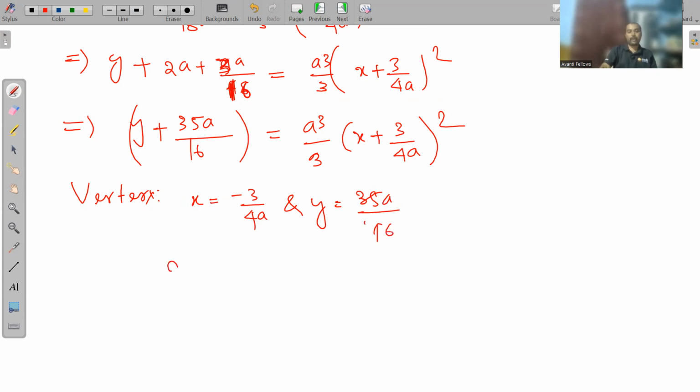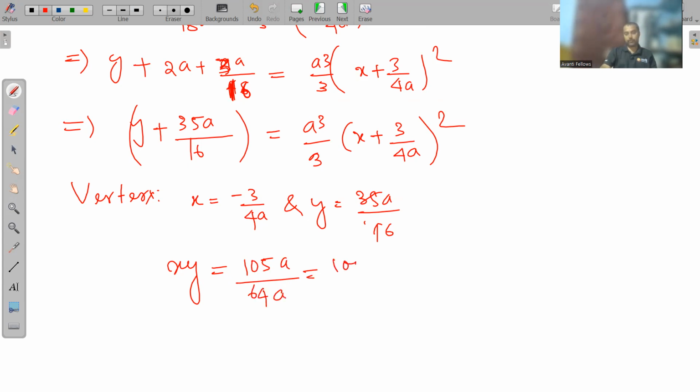Okay, and now the locus of the vertex: if you multiply these two, xy becomes 35 into 3. 3 fives are 15, 3 threes are 9, so it's 105a by 64a.